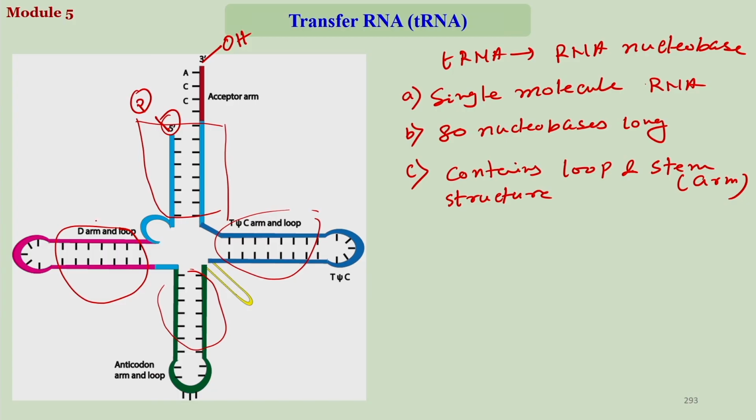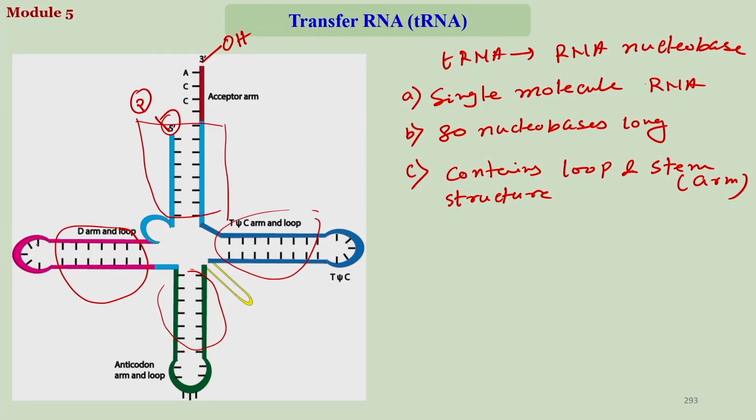Let us start with the left side. This is of course the self hybridized region, and then this region is called the D arm and loop. Their specific names have been given, for a reason. D arm and loop. This is the arm, this is the loop. D means dihydrouridine.